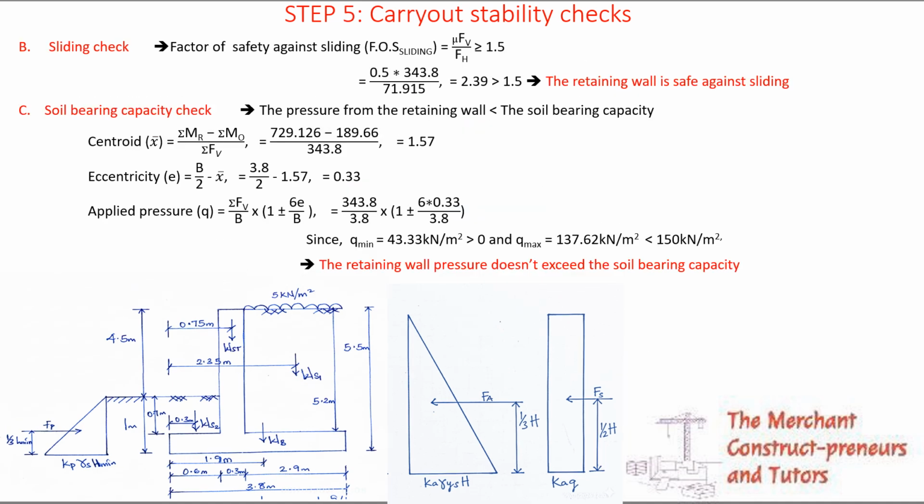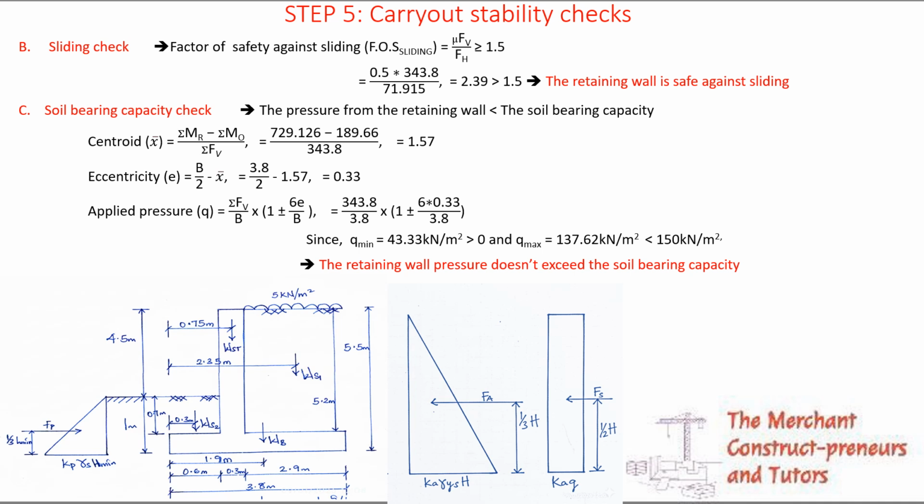So step 5 is to carry out stability checks, continuation, and the next one is the sliding check. The factor of safety against sliding is given by the soil coefficient multiplied by the sum of vertical forces, divided by the sum of horizontal forces, which we have calculated before.